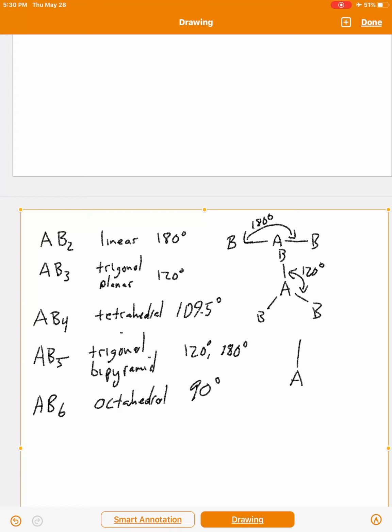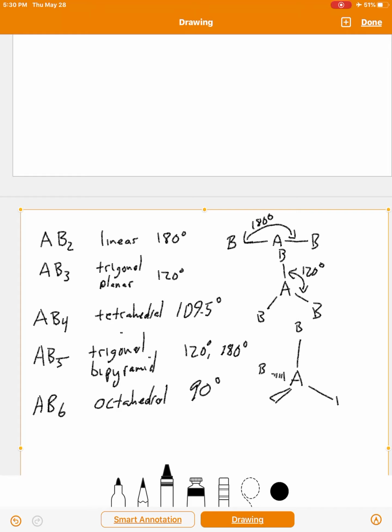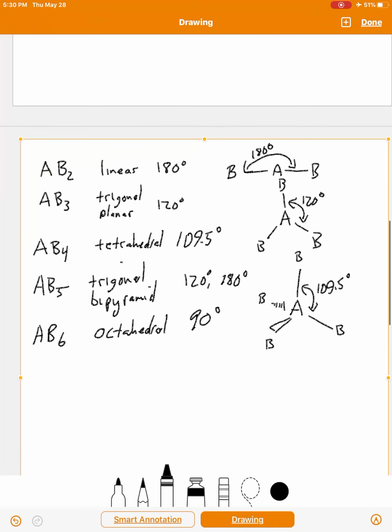This is 3-dimensional. The 3-dimensional ones are harder to draw. So it goes like this. And then coming out of the plane of your drawing, and then going into the plane of your drawing. 109.5. Okay, that's your tetrahedral. So there's the first three.